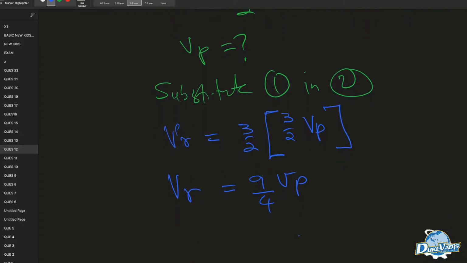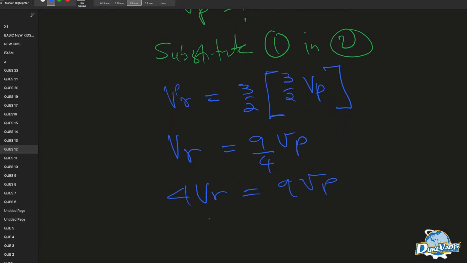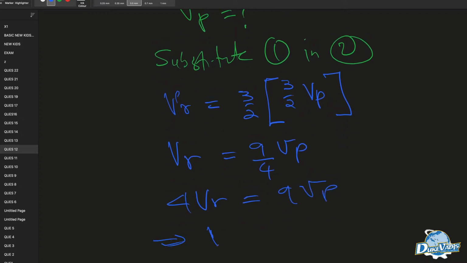And to make VP the subject, we have to multiply both sides by 4. So 4 VR is equal to 9 VP. This implies that VP is equal to 4 over 9 of VR.